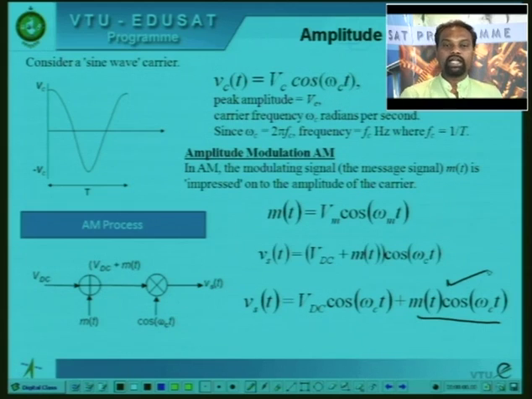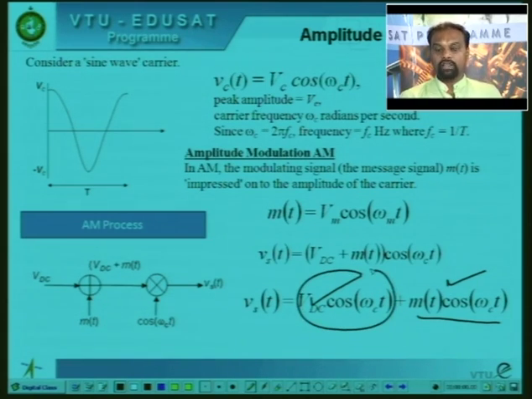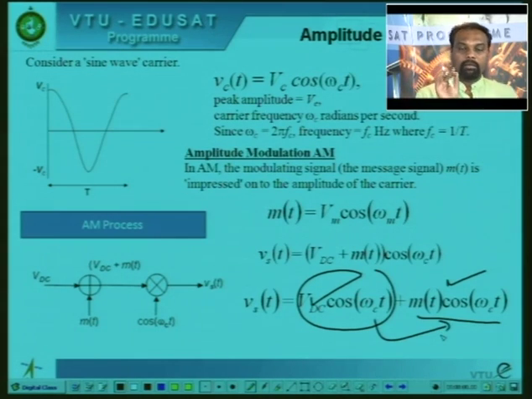To avoid that, along with m of t cos of omega ct, we also transmit the carrier signal, and that is how we have the cos of omega ct VDC term there. Now at the receiver, once we receive this as well as this, we use this carrier signal to extract m of t from the modulated carrier, and that is the mathematical expression for amplitude modulation.